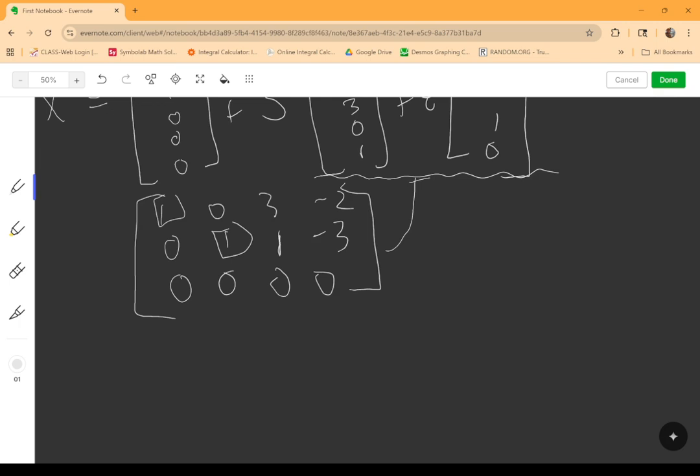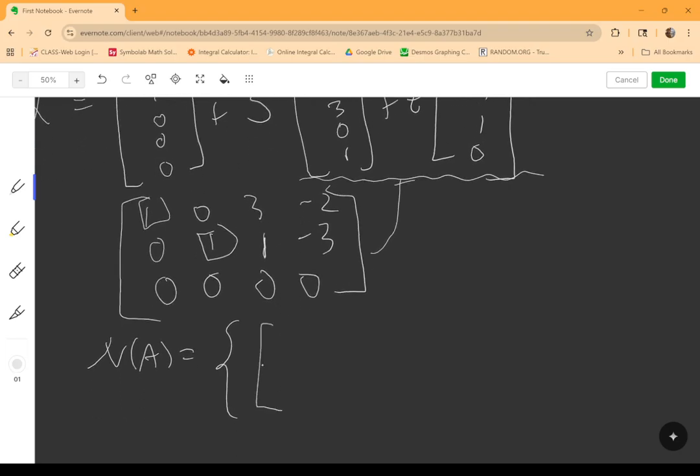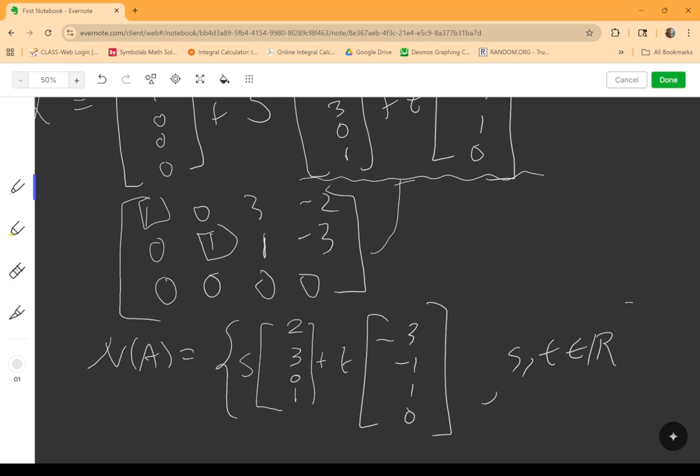As it turns out, the null space of A is equal to the linear combination s times (2, 3, 0, 1) plus t times (-3, -1, 1, 0), where s and t are real numbers.